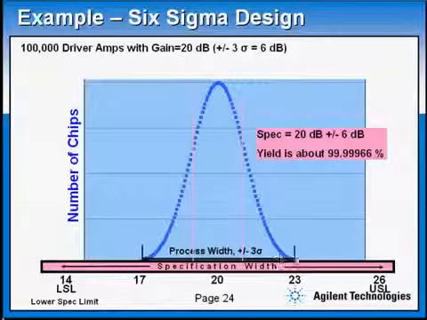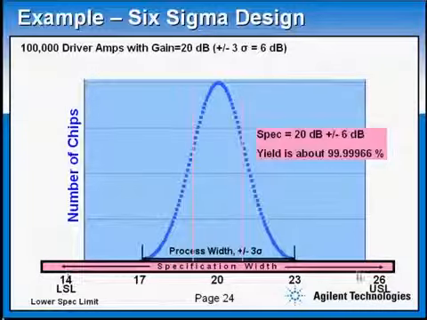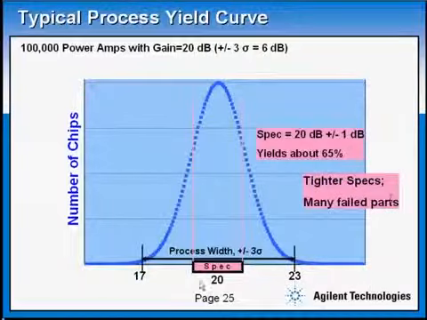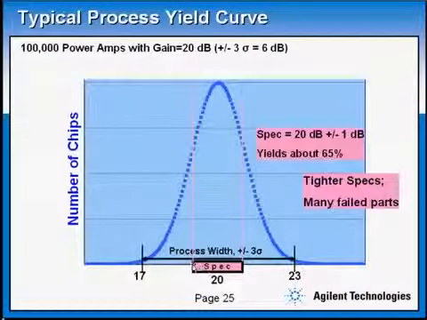I got 17 to 23, the plus or minus 3 sigma, which is 99% of my chips meeting the specs, so I'm fine. I get an amplifier that is used within my spec range, 14 to 26. But unfortunately, this usually doesn't happen. The specs usually are much tighter.